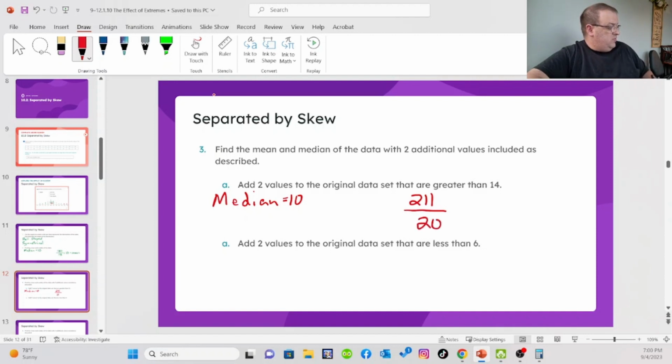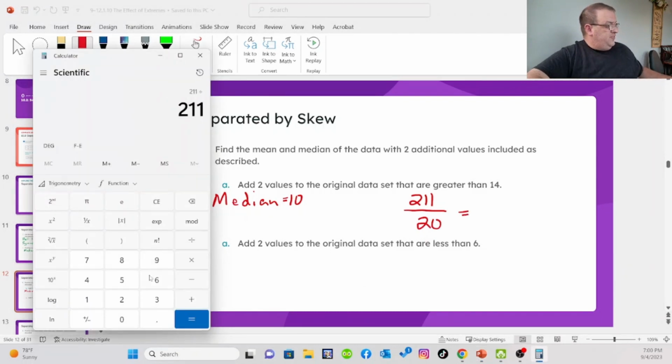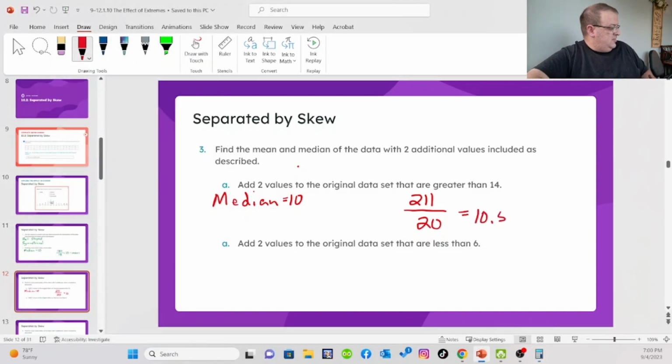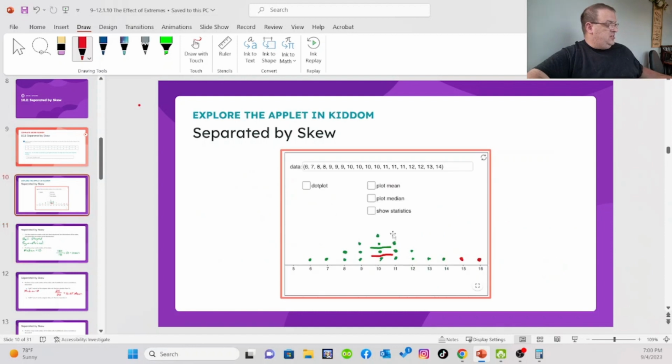So we divide by 20. 211 divided by 20 equals 10.55. So notice when I add more values to the right or to the higher end, now we would say that this is skewed because most of our data is to the left and we have a longer tail out to the right.